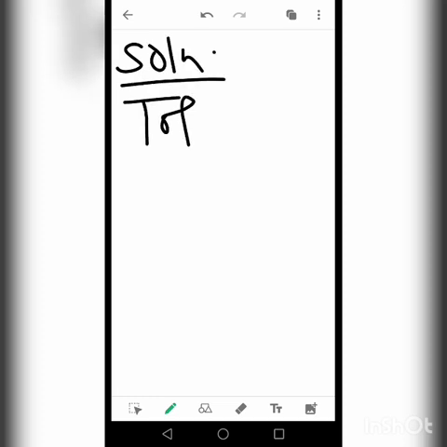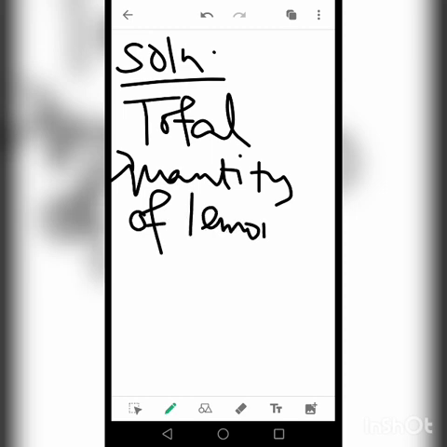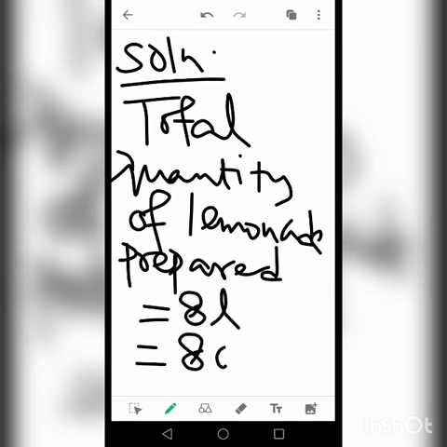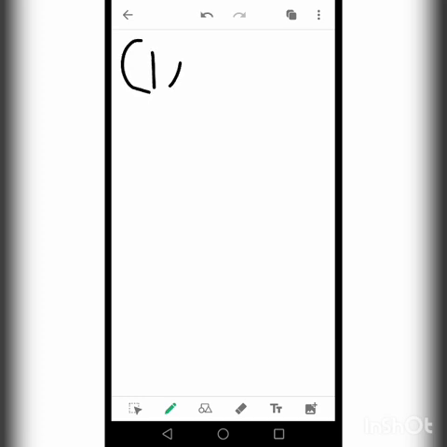Total quantity of lemonade prepared equals 8 liter equals 8000 ml. First of all, we will convert it into milliliters. We will give the reason also. Formula: 1 liter equals 1000 ml.